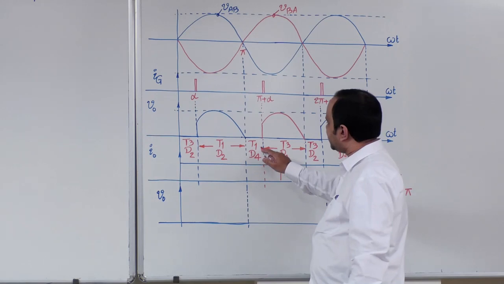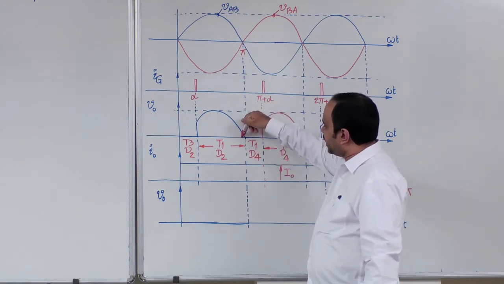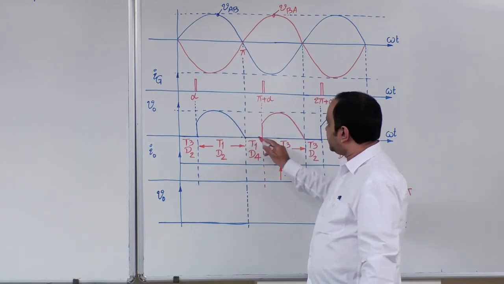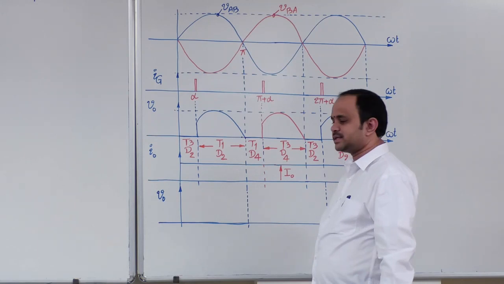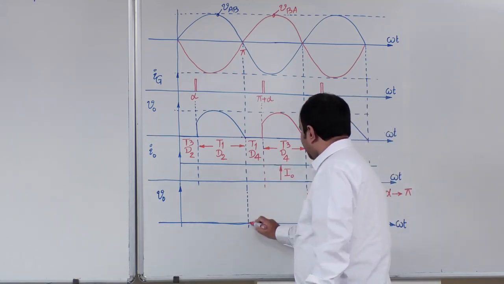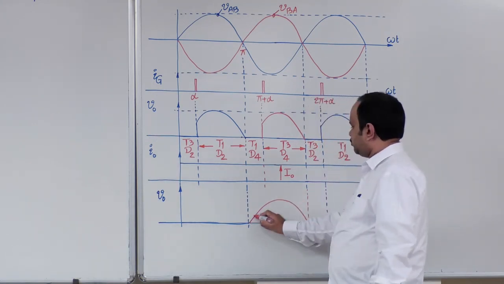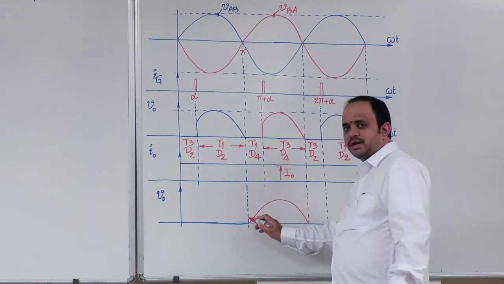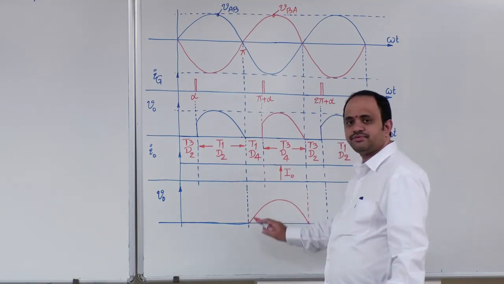So T1, even though it is triggered at an angle very close to pi, will not start conduction because T3 continues to conduct. If T3 and D4 continue to be in conduction, the output voltage is going to appear in this way.